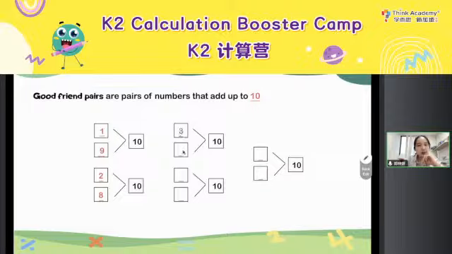If you have 3 apples for the first part, how many apples do you still need to make 10 apples in a basket? 7 apples, right? And now, can I hear the good friend pairs for the rest too? I'll give you 10 seconds to think about it.